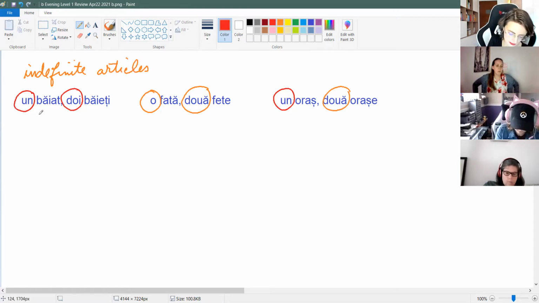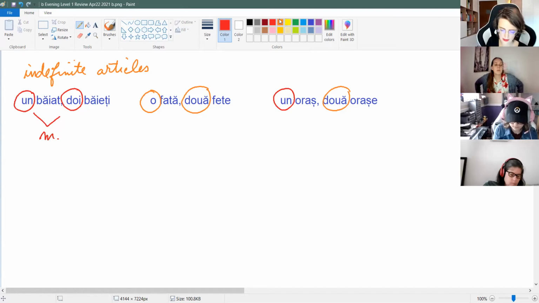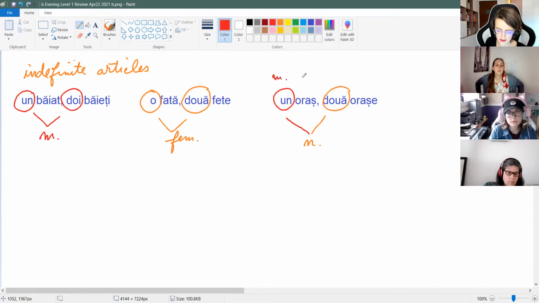Notice for masculine nouns, they're un, doi. For feminine nouns, it's o and două. And for neuters, it's actually a combination of masculine and feminine: un and două. So neuters act like masculines in singular, and then they act like feminines in plural.